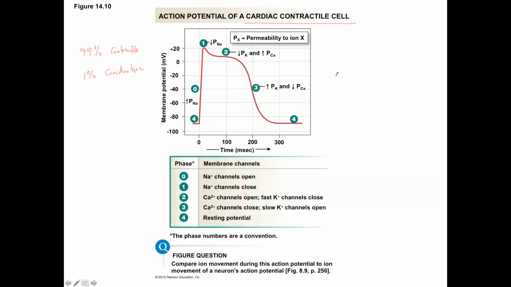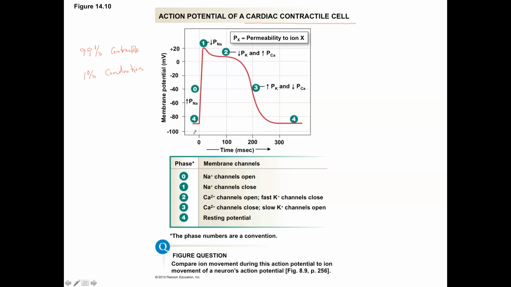When you analyze the electrical signaling that's traveling across the plasma membrane of these cells, you get a specific action potential type recording, which is shown on the screen. It's similar to what you see with an action potential in a neuron in the nervous system, but it actually is different as well.